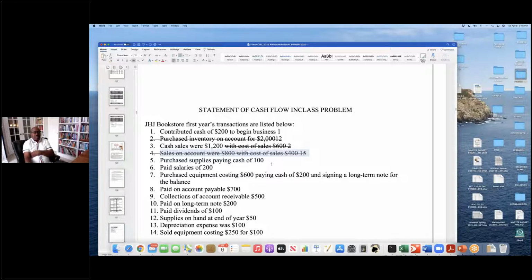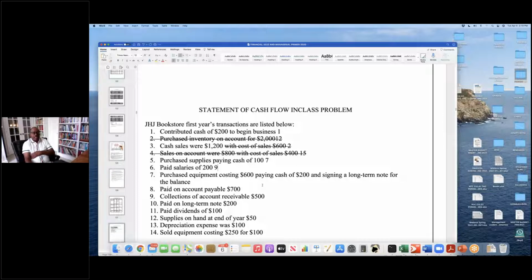Purchase of supplies, paying cash. What type is that? A 7. That's a 7. Paid salaries of $200. That's a type 9.